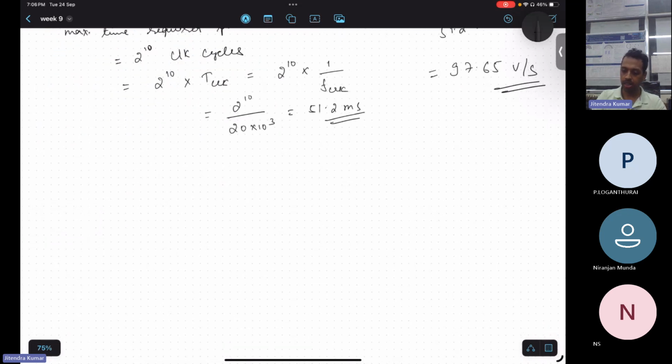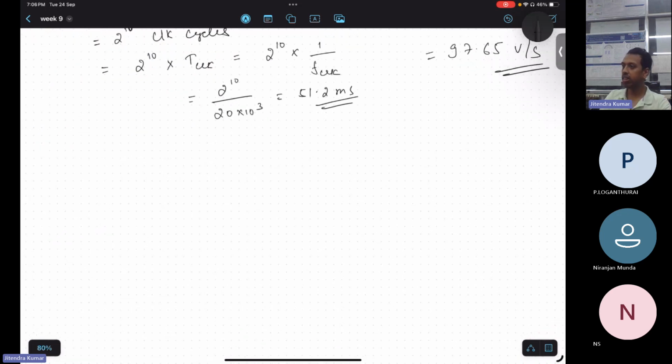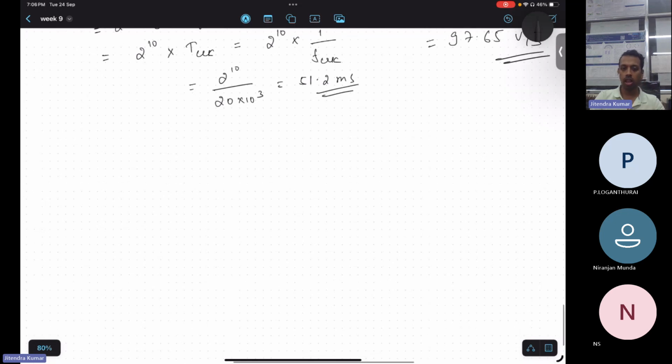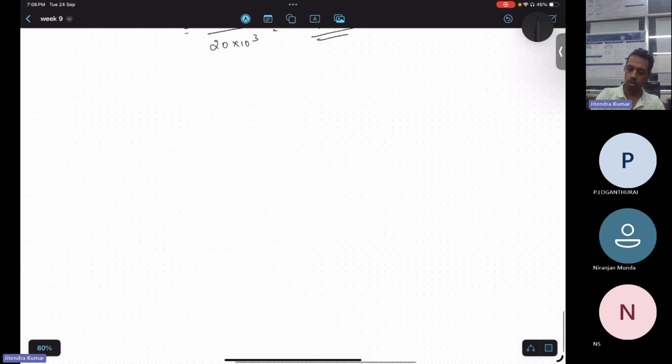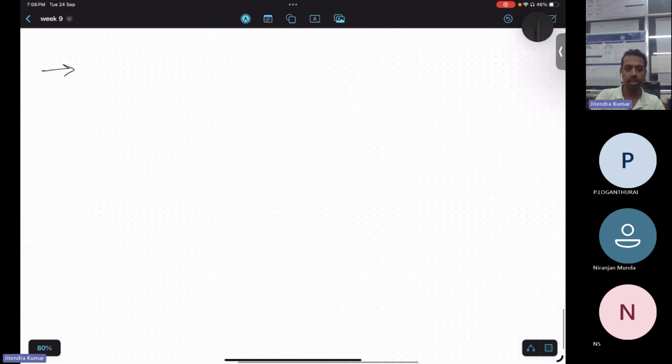Now, since we discussed the successive approximation type, I'm going to write some data related to this ADC, and please let me know how much time will be required to measure this input voltage.